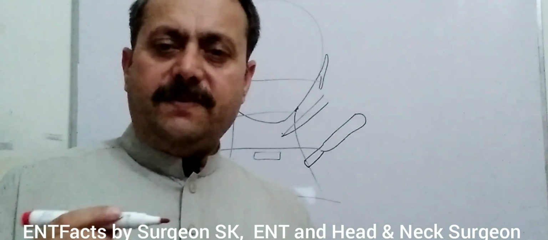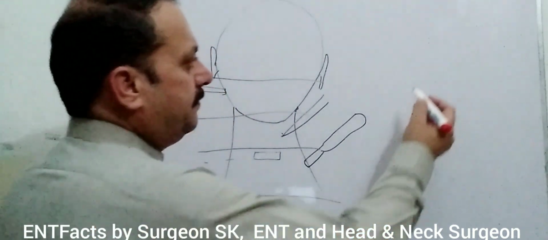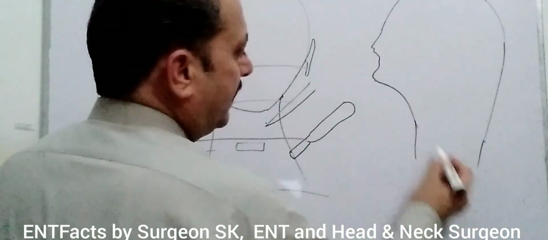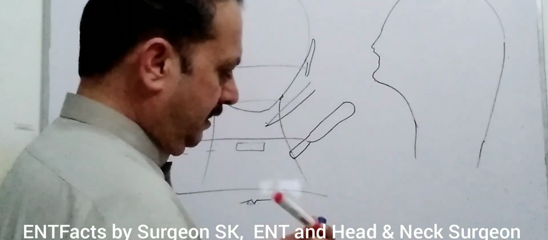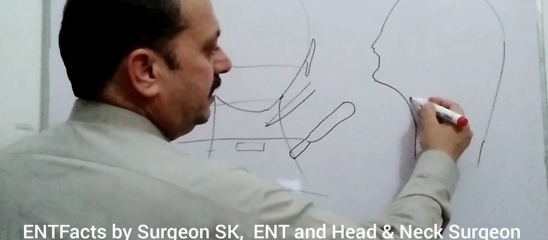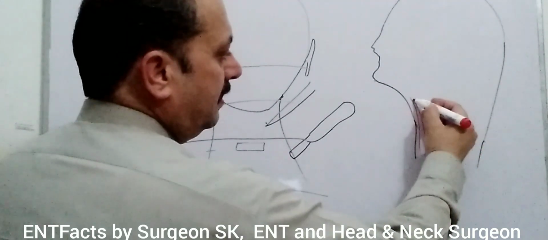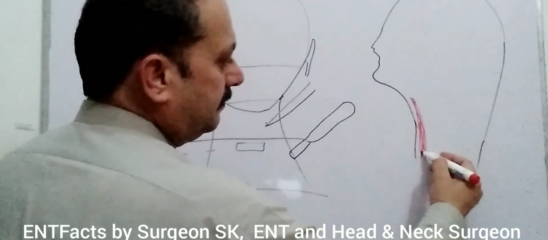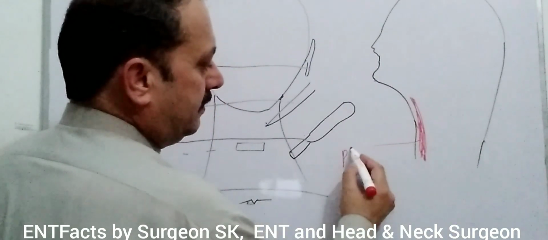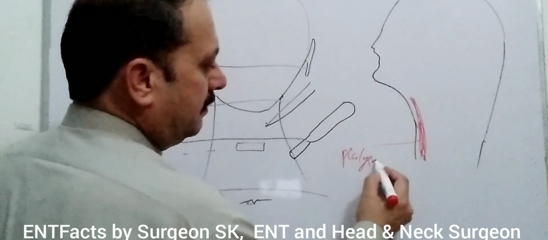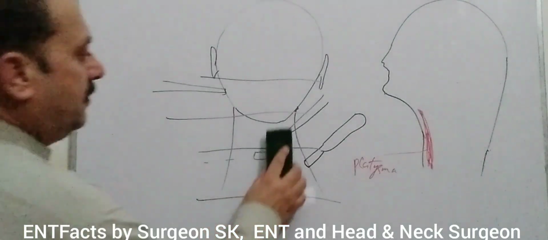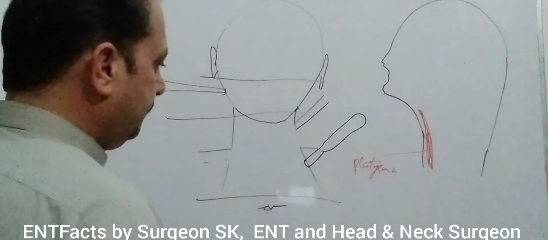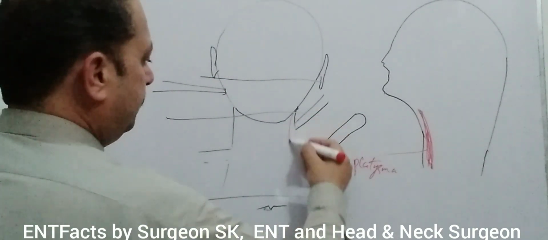And that muscle, if I draw it here, for example, this is the side of the neck. The first muscle which comes behind the subcutaneous tissue is called the platysma muscle. If I draw it here, it will be located here like this.